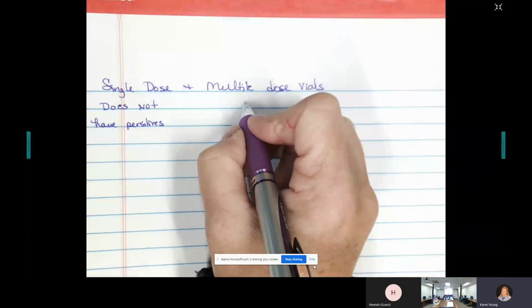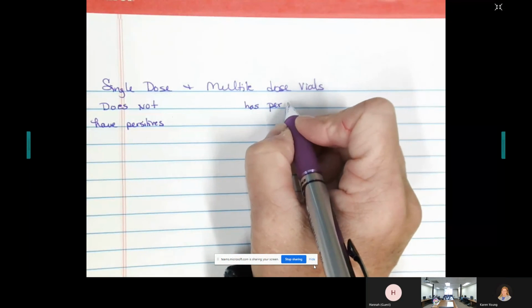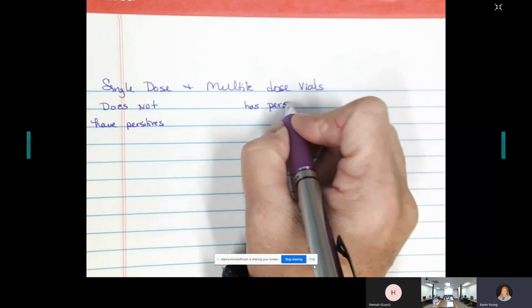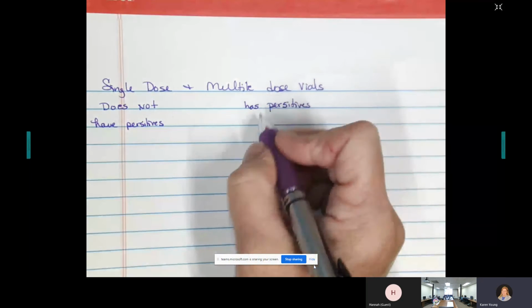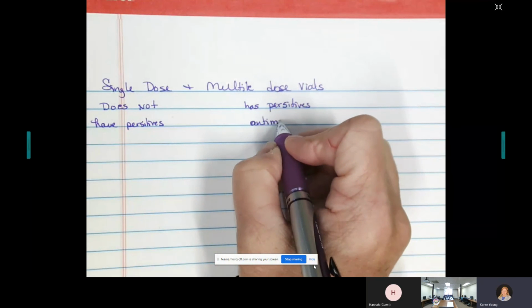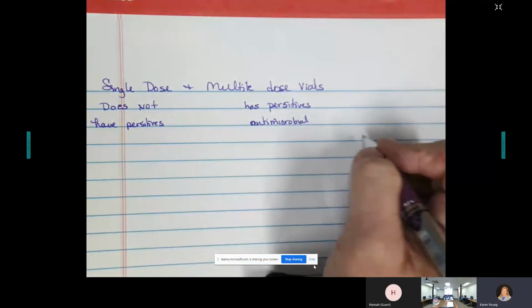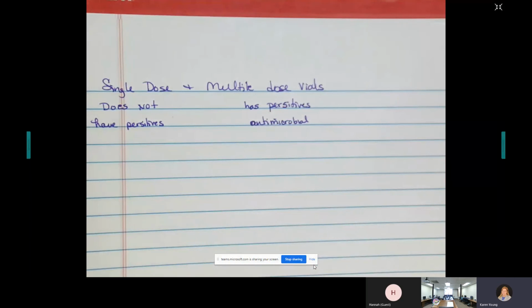And a multi-dose has the preservatives. It has an anti-microbial in it that keeps the microbes out.